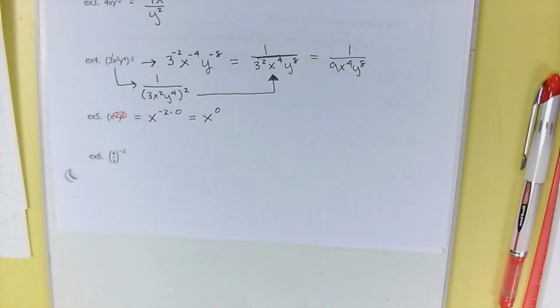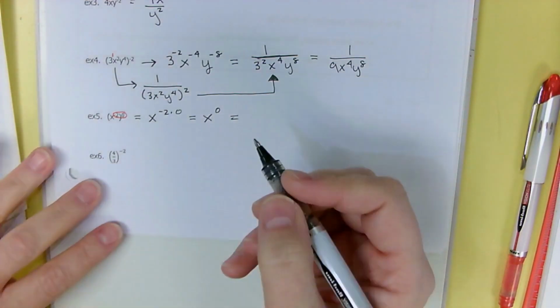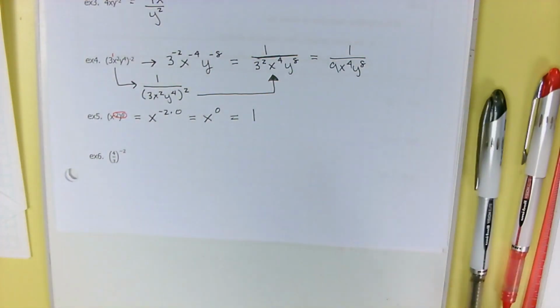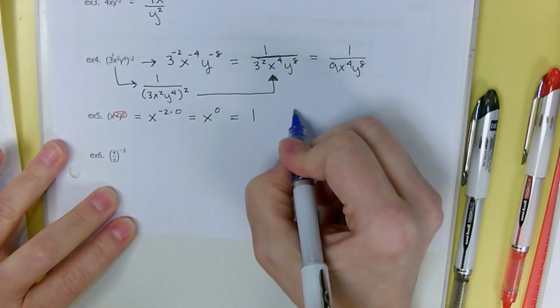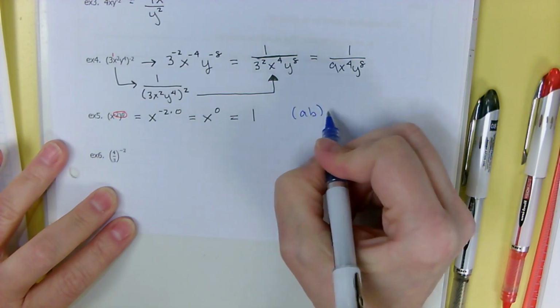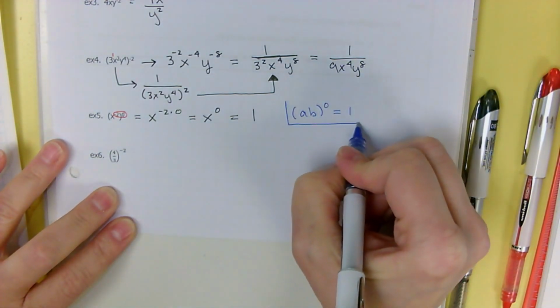So you have to do everything else first and save the negative exponents for the end. Like we talked about yesterday, anything to the 0 power is a 1. And just as a secondary example, you could have ab, quantity to the 0 power, and it would still be 1.